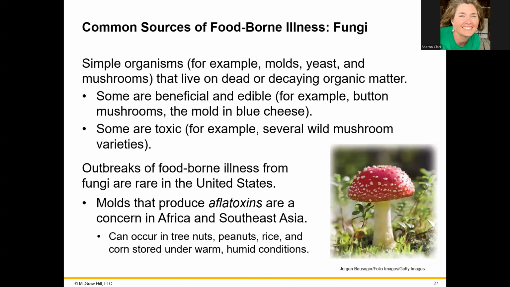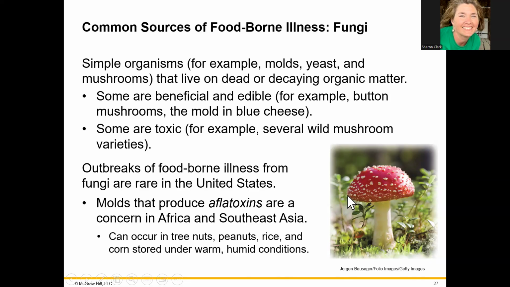The third source of foodborne illness is fungi. Now, remember, some of these are good: your molds, some yeasts, certain mushrooms. These can be beneficial, like mold in blue cheese or button mushrooms, but some are very toxic. I forget the name of this particular mushroom. Very pretty, but very toxic.